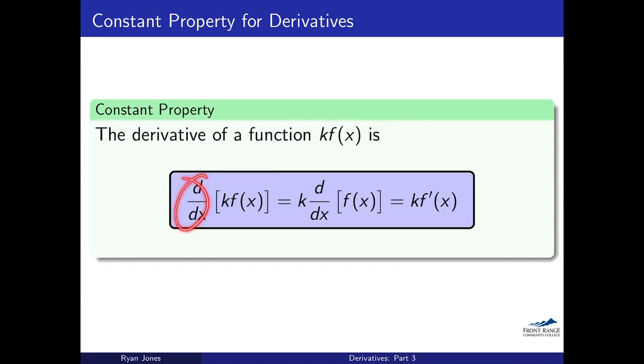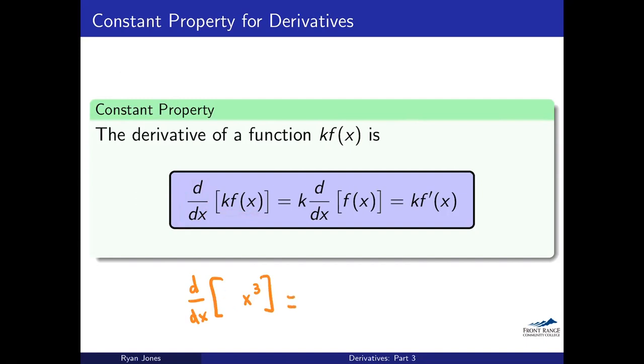We've got d dx of k f of x. So I have d dx of, let's just come up with an example, 3 times x cubed. Great. So what I'm allowed to do here is, like I said, kind of ignore the constant.